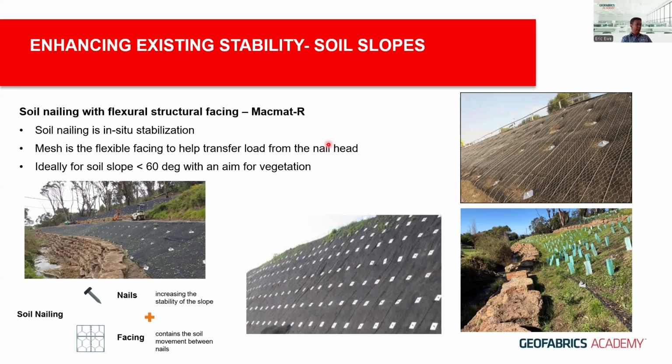Okay, and we use MAT-R for that. And soil nail, again, like rock anchor, is the stabilizing element. Plates and mesh are responsible for holding the surface slope material intact while the vegetation takes place, and usually catered for slopes up to around and about 60 degrees.